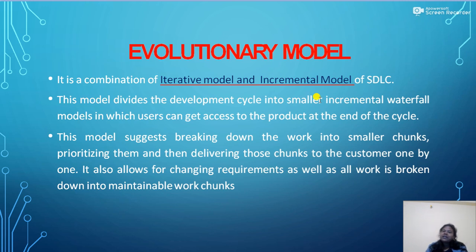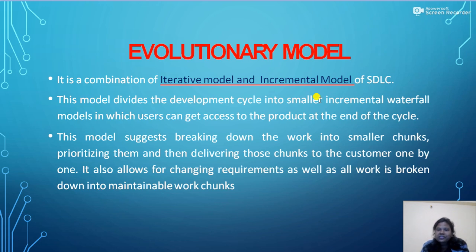So what happens basically in the incremental model? In the incremental model, we don't deliver the complete product or project to the customer. Here we divide a large product into small modules, small parts.